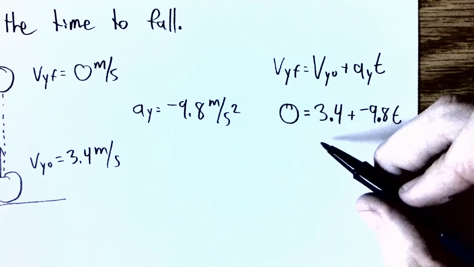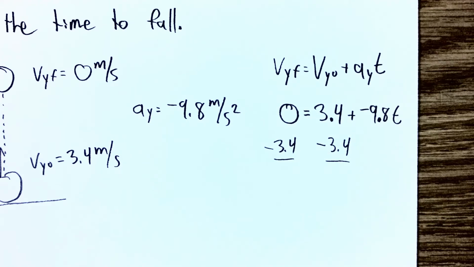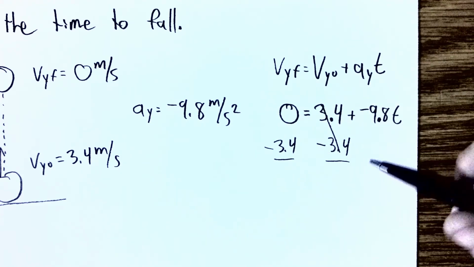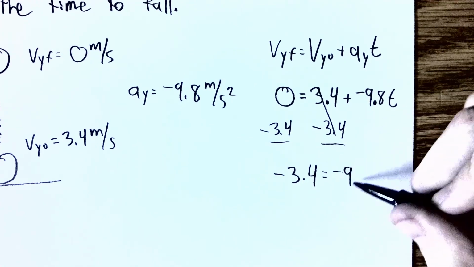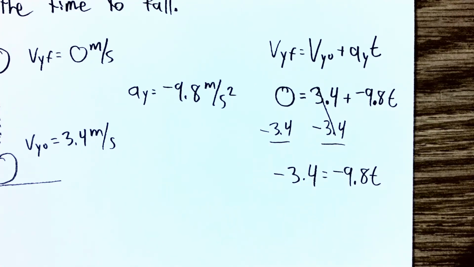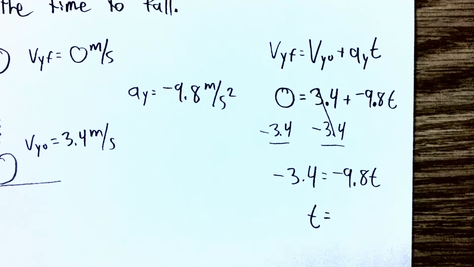We could subtract 3.4. That's one way. Subtract it on both sides. Cancels. And now divide by negative 9.8. I'm not going to show that step. I think, you know what's up.